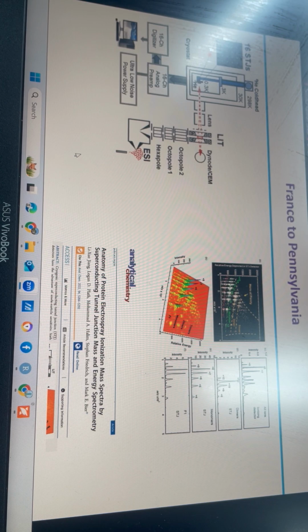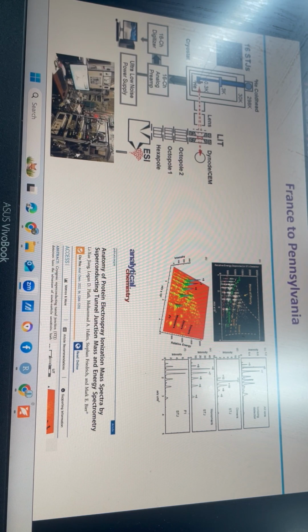Using this detector, we can measure the energy of folded protein and unfolded protein, and also we can increase the detection level because of the cryogenic condition. So we found a lot of different proteins like monomer, dimer, and trimer, with tetramer being one of plenty, and we also measured the energy. So traditional mass spec can measure the abundance, but this new detector can actually measure the energy as well. So we published this article in Analytical Chemistry.